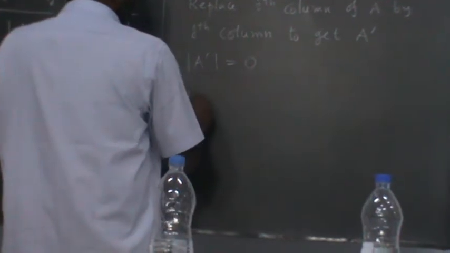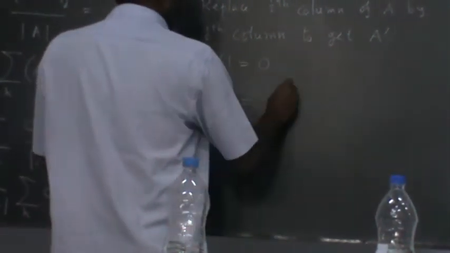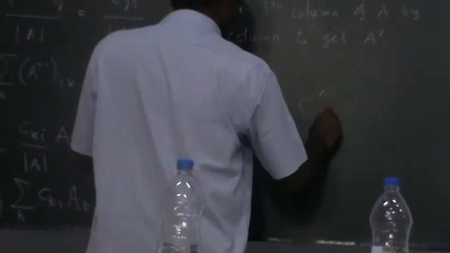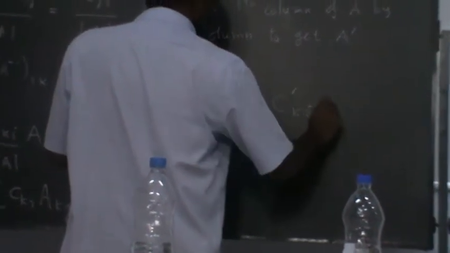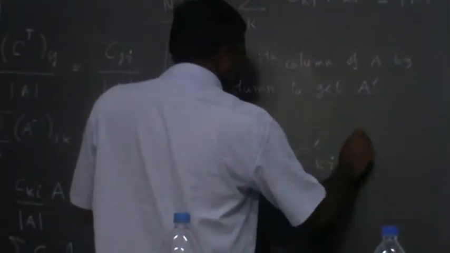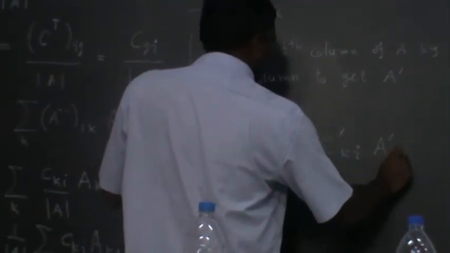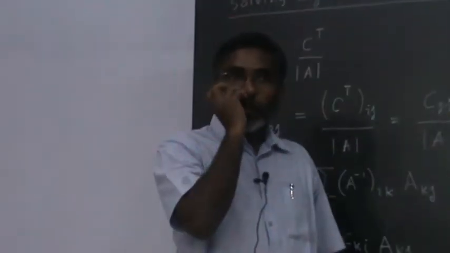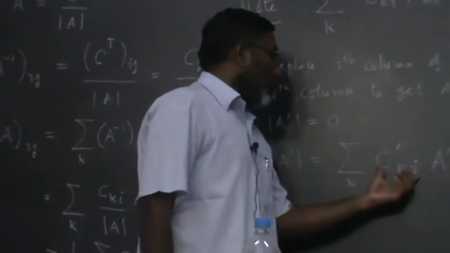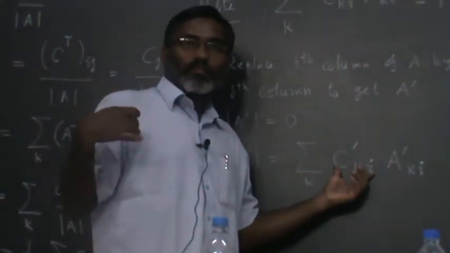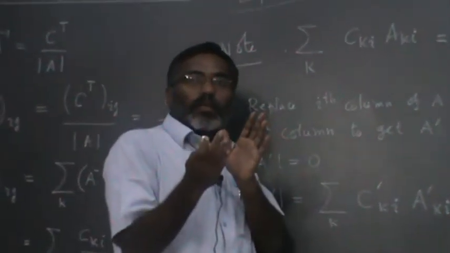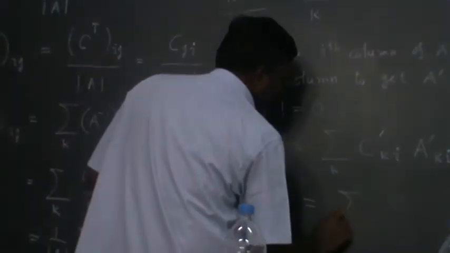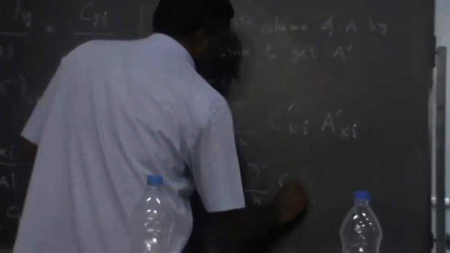So determinant of A prime is equal to sum over k of C prime ki into A prime ki. But now C prime ki is the same as C_ki, because by changing the ith column to the jth column, I am not going to change the cofactor. So this is equal to sum over k of C_ki times A prime ki.